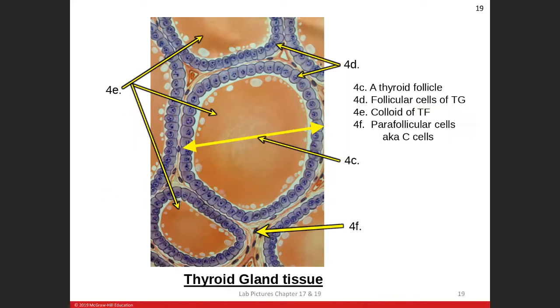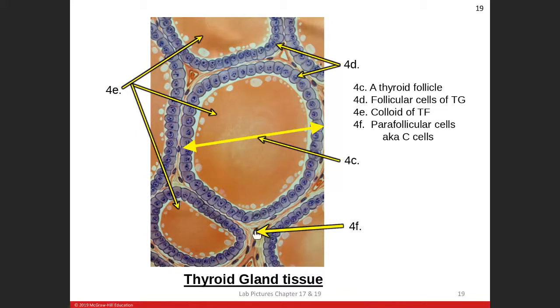Here's a better picture. That's kind of tough to see, but this one's in your book, your study guide, or your atlas. Way easier. So all these simple cuboidal shaped cells, those are all your follicular cells, and they're going to be busy making your thyroid hormone. Here's the colloid.